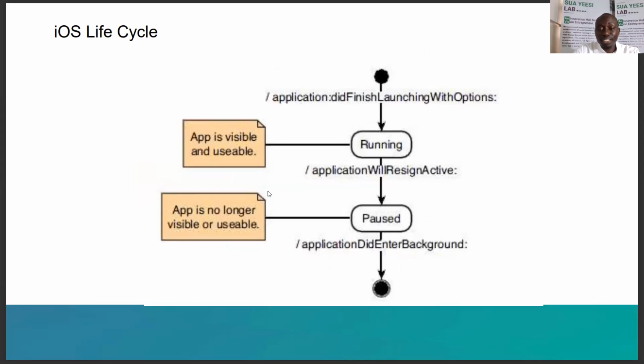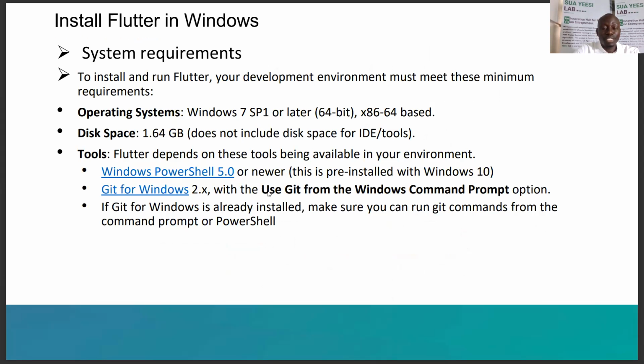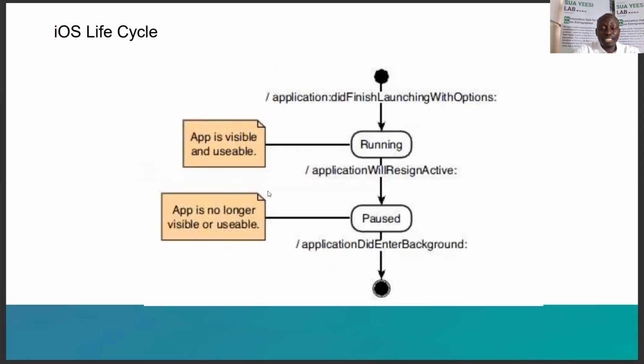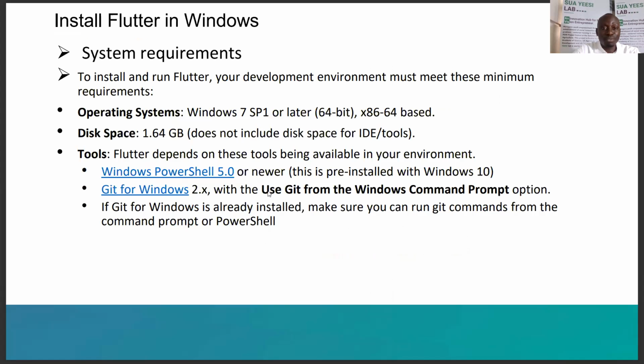It is the same: you can pause, you can resume, you can stop your app while it is running on iPhone-based mobile phones. These are just some concepts for you to understand the life cycle of these mobile apps. Now we go to look into the Flutter installation in Windows and different operating systems.